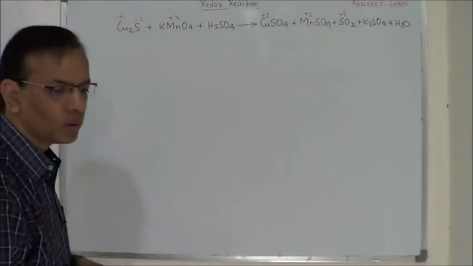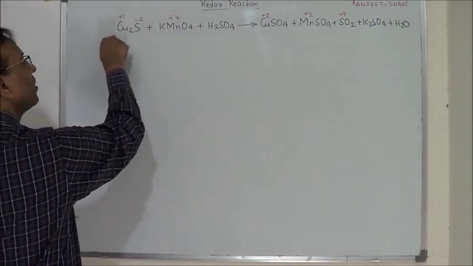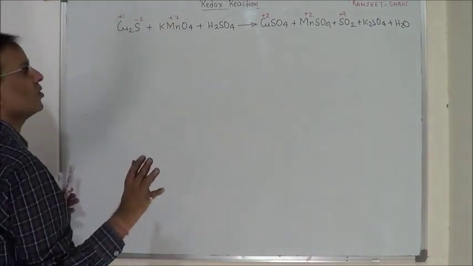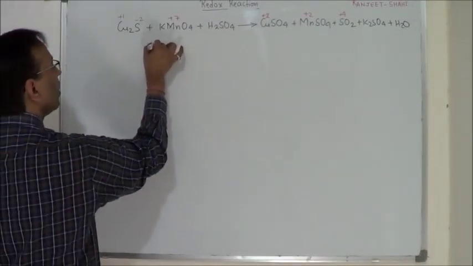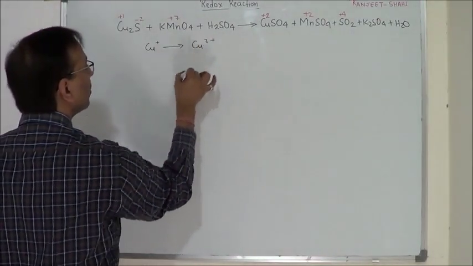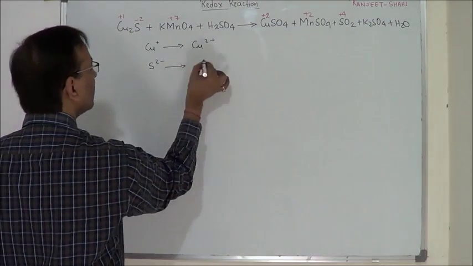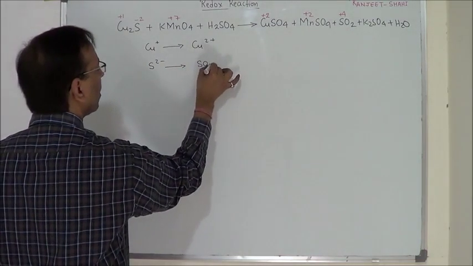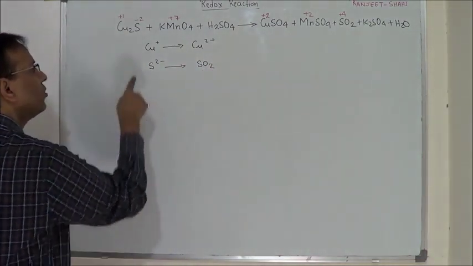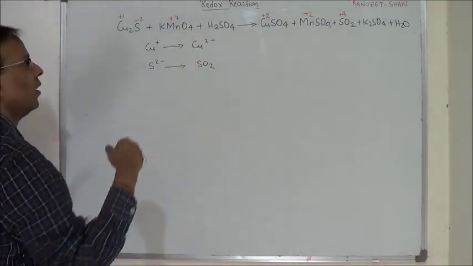We'll have to write the two oxidation reactions, oxidation of copper and oxidation of sulfur, first together like this. Copper is oxidized, sulfur is also oxidized. They are the two oxidation reactions, and one reduction reaction, permanganate to Mn2+.